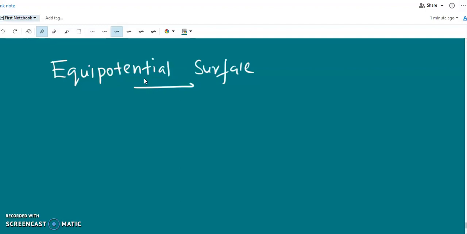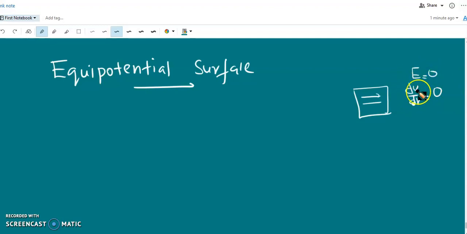Since the potential is the same, the derivative of potential, or the gradient of potential, dV by dr along the surface is 0. So the electric field parallel to the equipotential surface is 0.